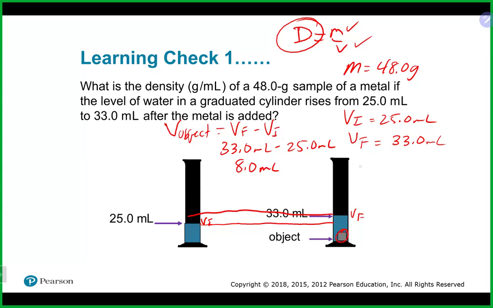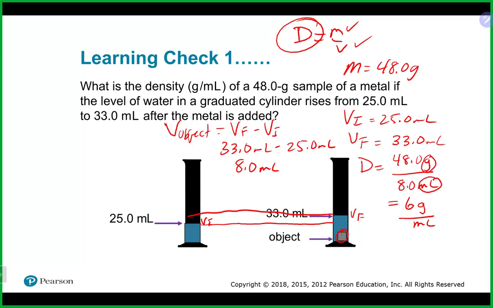Because now we're going to do the density calculation. We're going to take the mass, which is 48.0 grams, and divide it by the volume we just calculated, which is 8.0 milliliters. So we'll take 48 divided by 8, and that is going to give us 6. By the way, the units here do not cancel. The number always stays with the grams part, and it's always per 1 milliliter.